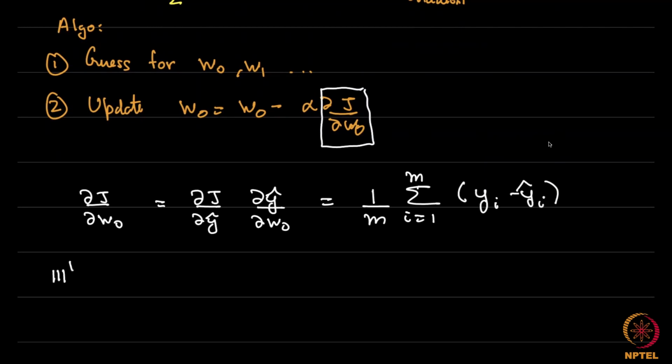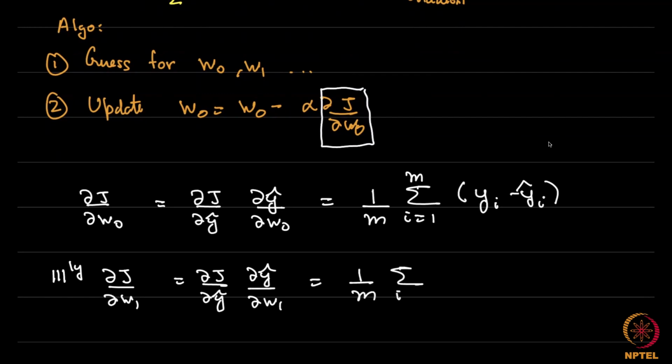Similarly, del J del W1 turned out to be del J del Y hat times del Y hat del W1, which was 1 over m sigma of i equal to 1 to m. In fact, we had calculated these several times, yi minus y hat i times xi. There was a negative sign also in front.